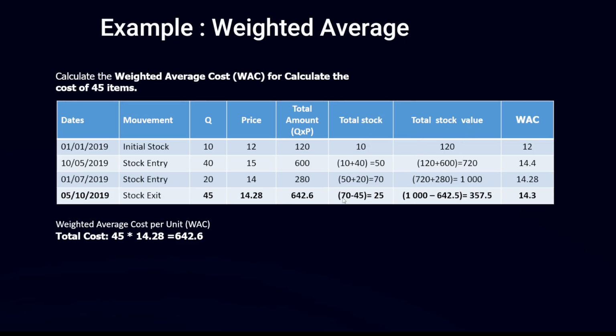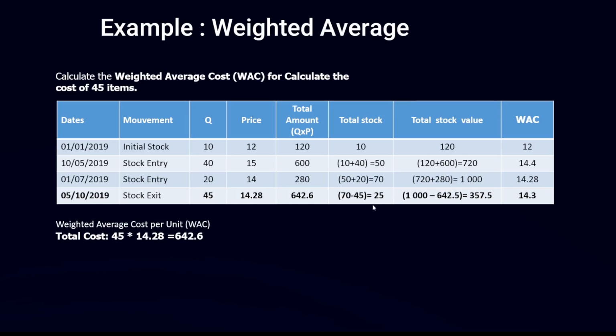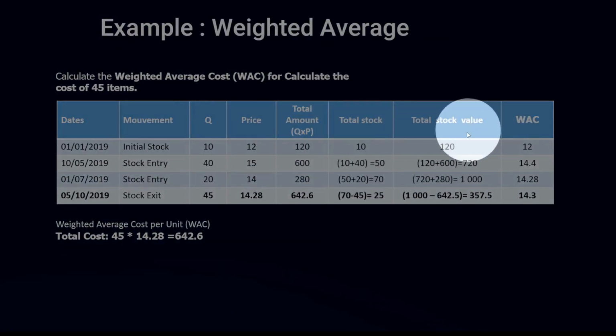The total stock will be 70, that means what we had at the beginning of the period, minus 45, and we get 25 as the total stock at the end of this period. Then the total stock value will be 1000, that means the total cost that we had before selling these items, minus the total cost for 642 US dollars, and the stock value becomes 355.